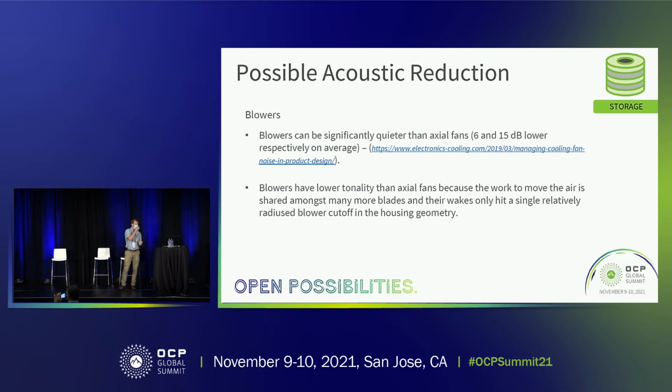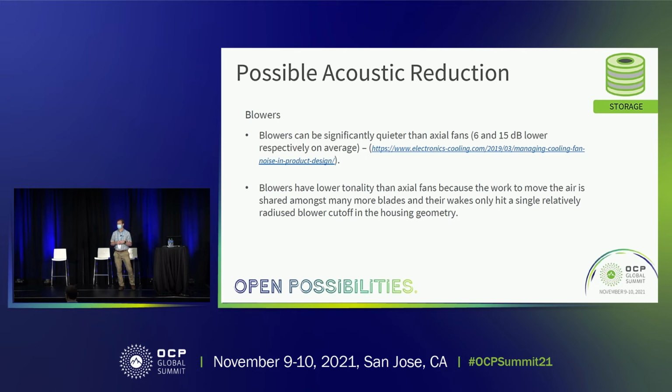And the reason is that in blowers, you have a lot less tonality, and one of the reasons is because blowers, instead of having maybe 3 or 4 blades, they have 15 or 30. I'm not sure exactly how many, but each one's different.